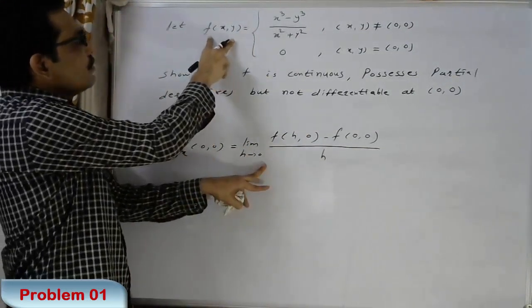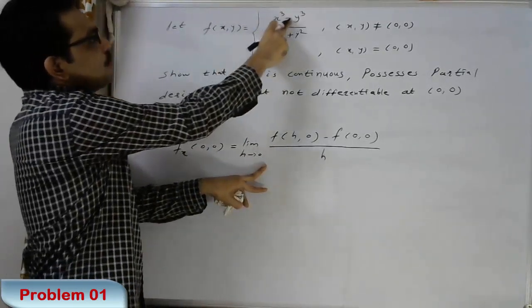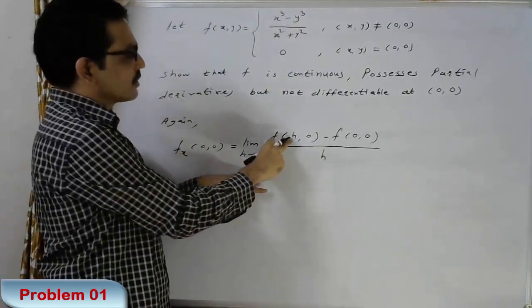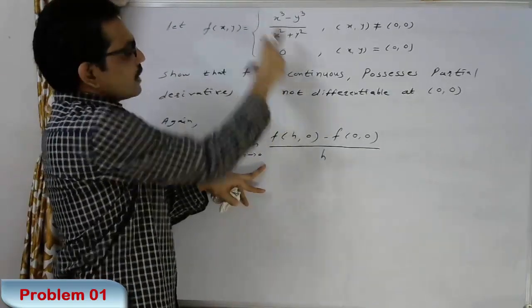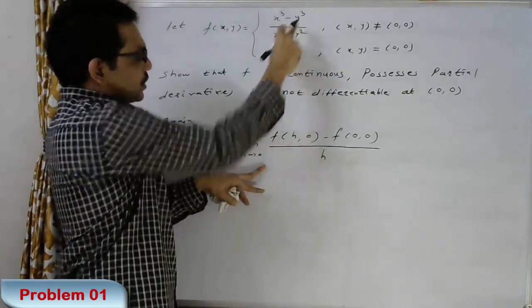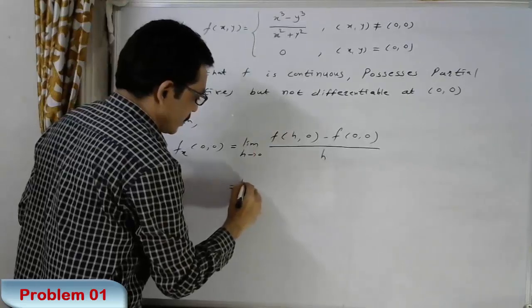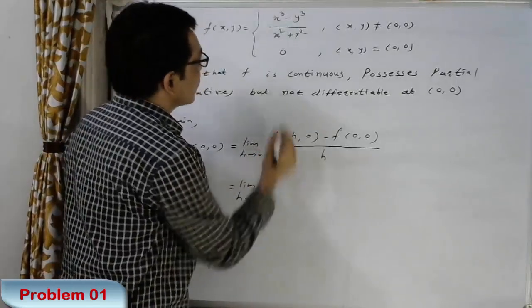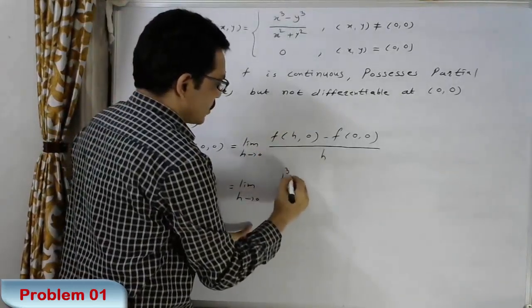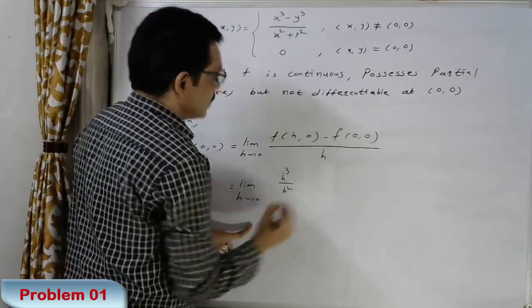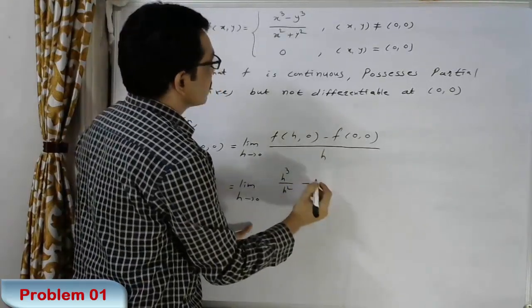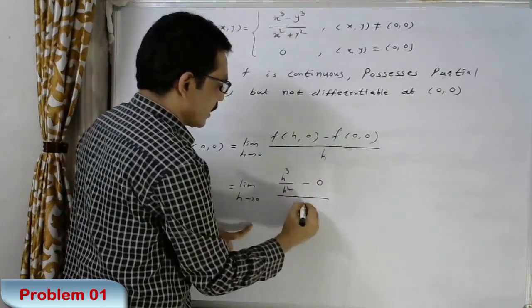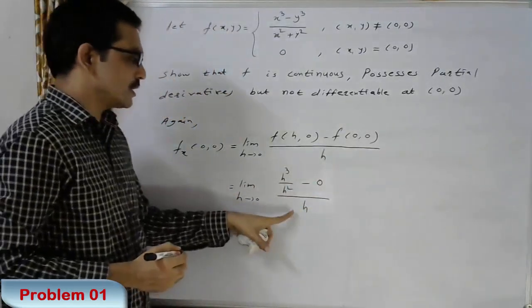But here the given function f(x,y) is equal to (x cube minus y cube) divided by (x square plus y square). Now we take x equal to h and y equal to 0. Then this is equal to the limit as h tends to 0 of h cube divided by h square, minus f(0,0), which is 0, divided by h.